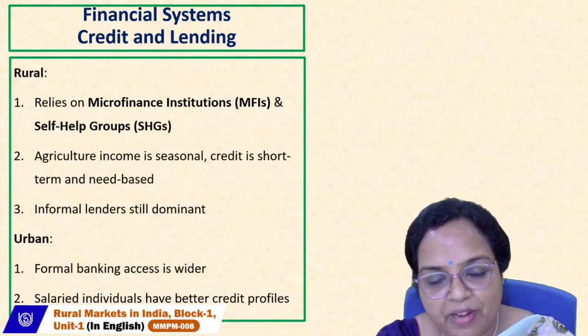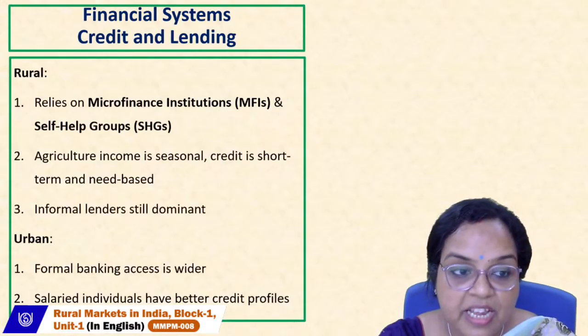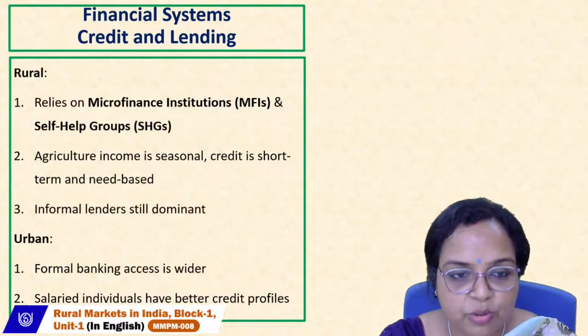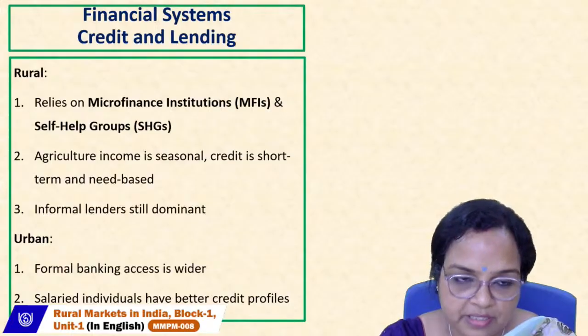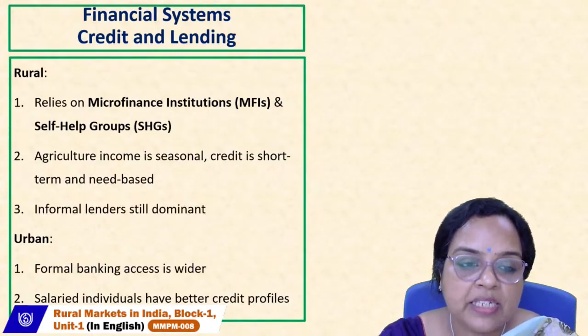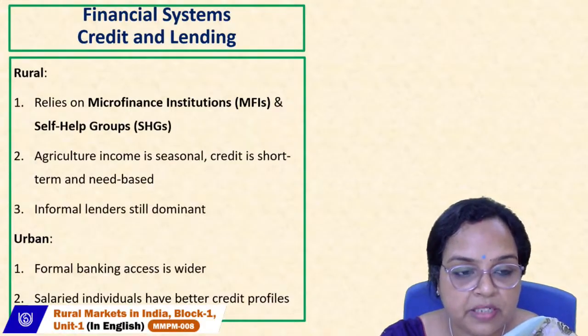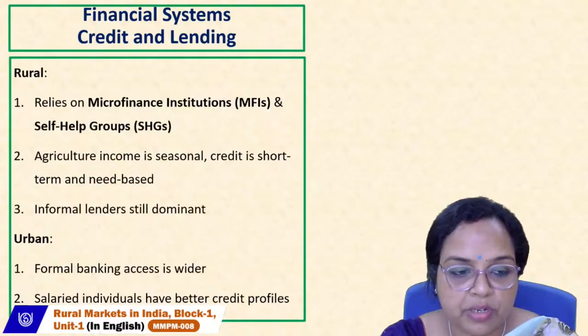As I discussed, microfinance institutions are active in the rural belt. Self-help groups are also borrowing money from banks. Banks rely on SHGs because they trust a group rather than an individual. Agriculture income is always seasonal, credit is short term and need based. Informal lenders like sahukars are still dominant in the rural belt.